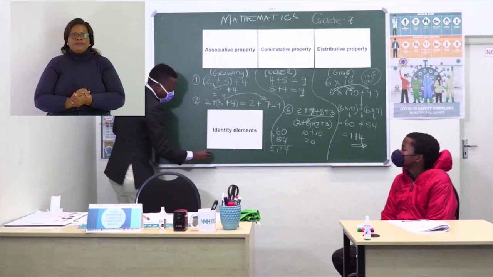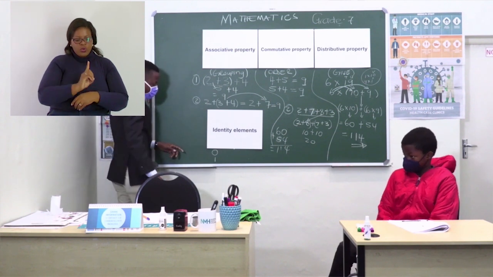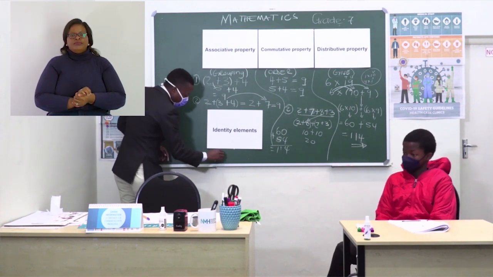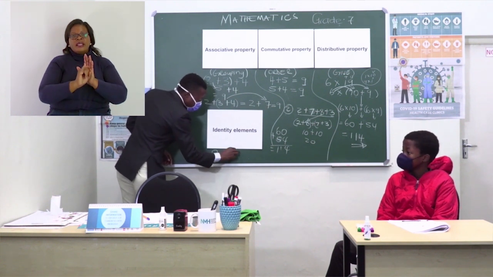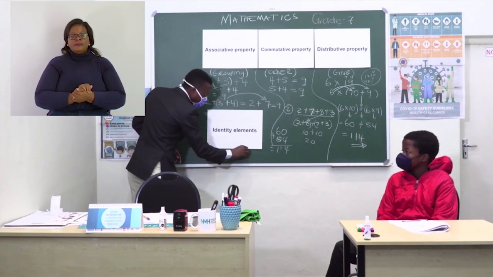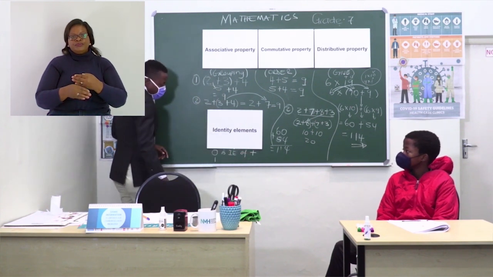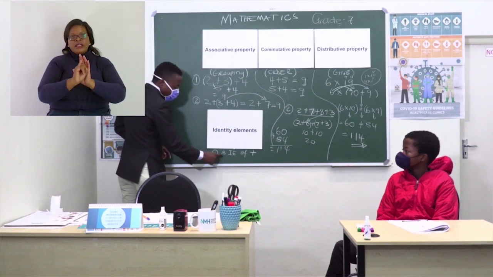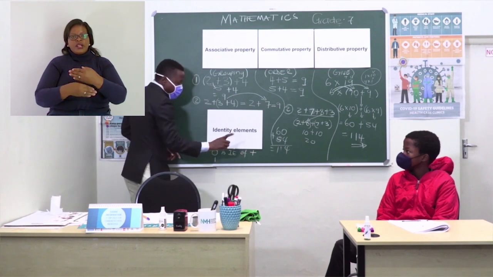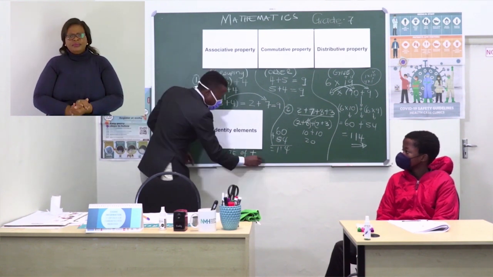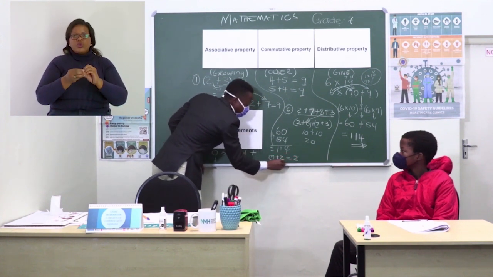We are trying to say we have two numbers, we have 0 and we have 1. We said 0 is an identity element of addition. How? If you add 0 to a number, you get that number.